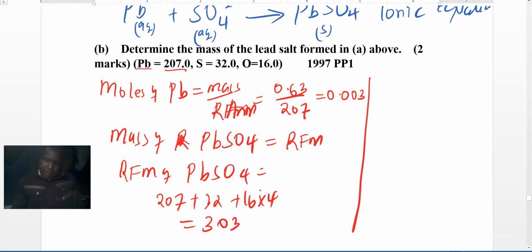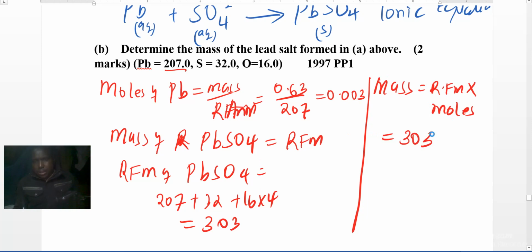But how do you calculate the mass of a substance? Mass is equal to RFM times moles. So the mass will be 303 times the number of moles, 0.003. We use this because the number of moles of lead is equal to the number of moles of the salt that was formed. This gives us 0.922 grams.